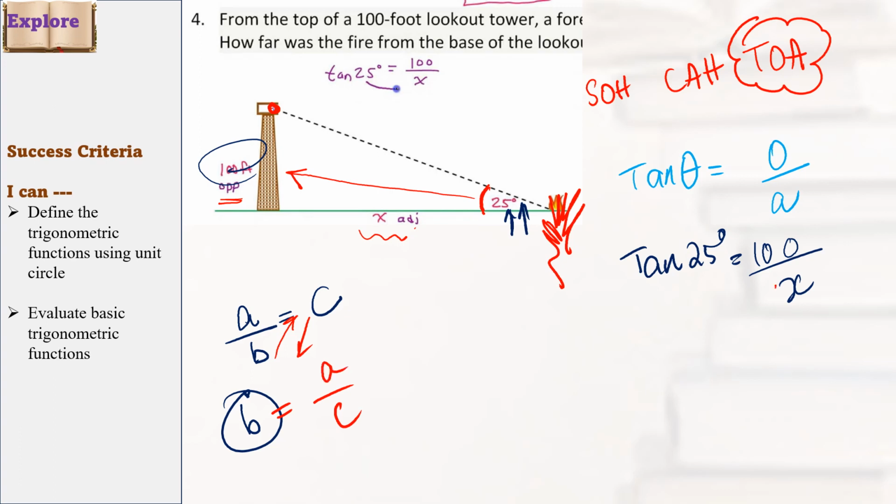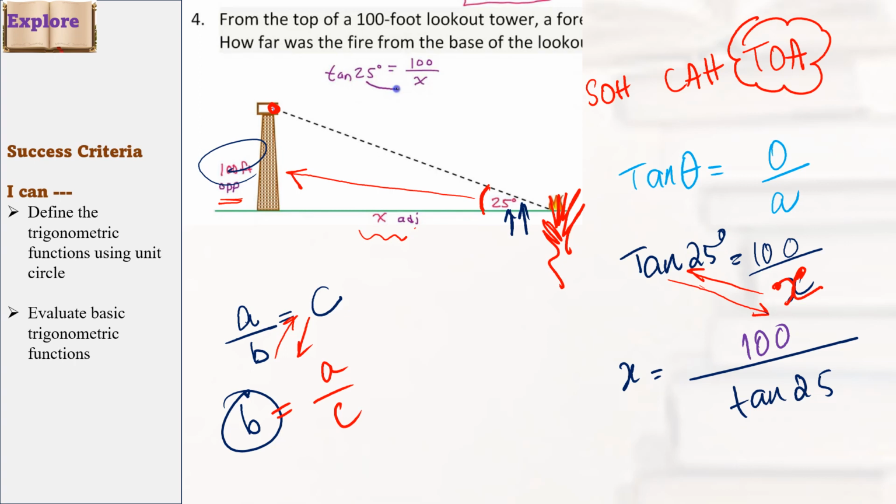So here I need to solve for x, which means I will bring the x here and tangent 25 at the place of x. Simple. So x goes on the top and tangent 25 goes in the denominator, whereas 100 stays as it is.